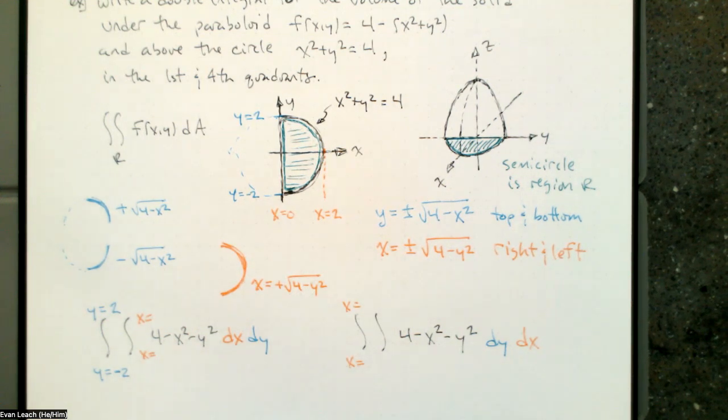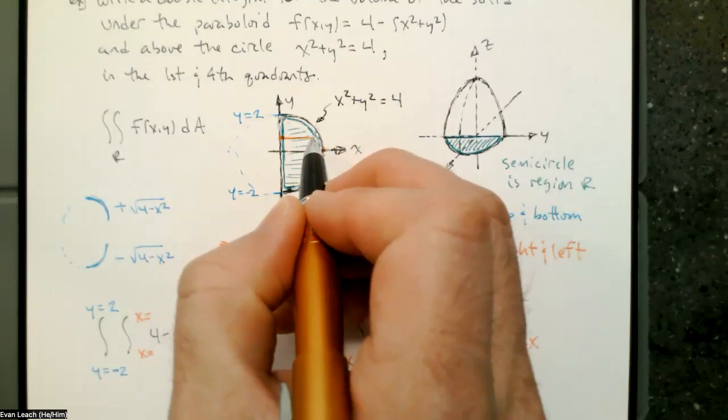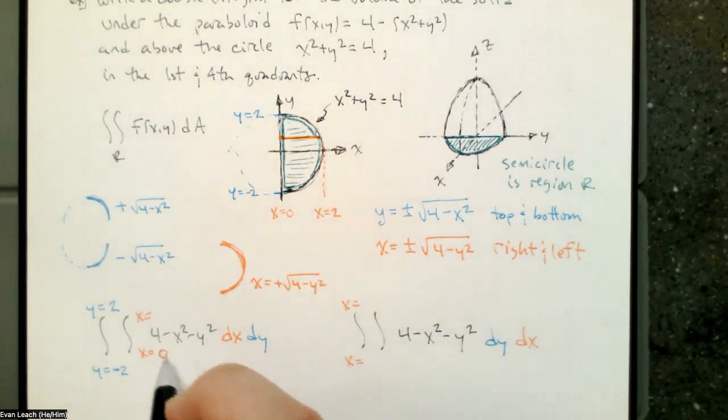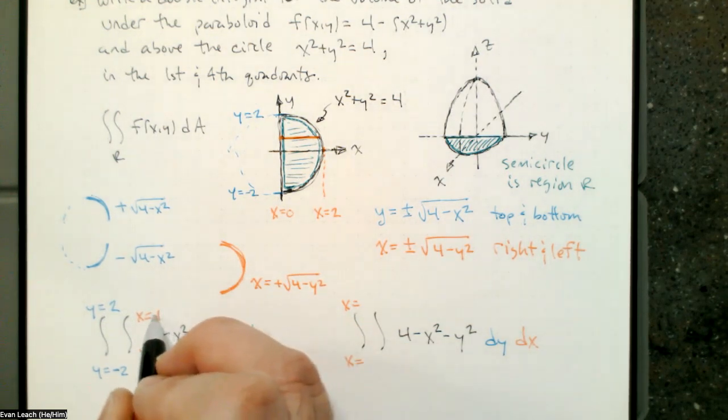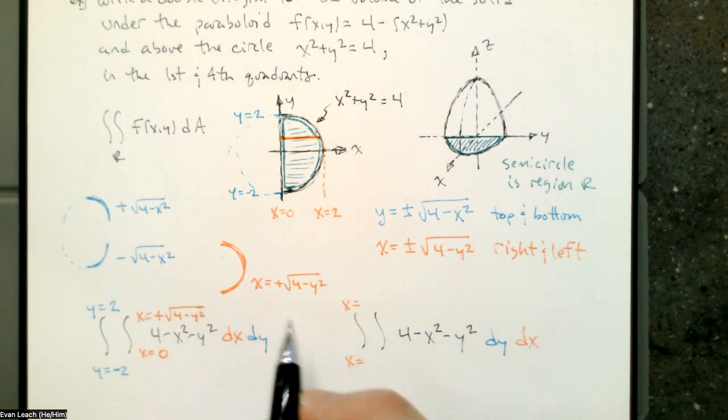Then we'll pick a typical y value and see what x is between for all the y values. So our thinking is, for all the y values between -2 and 2, we care about the x values that start at 0 and end at that semicircle. So x will start at 0 and end at positive square root of 4 minus y squared.